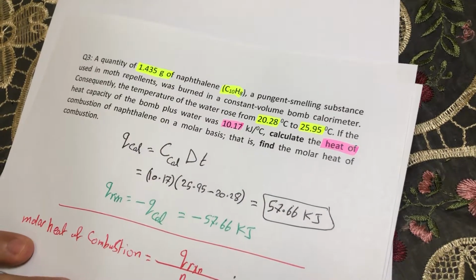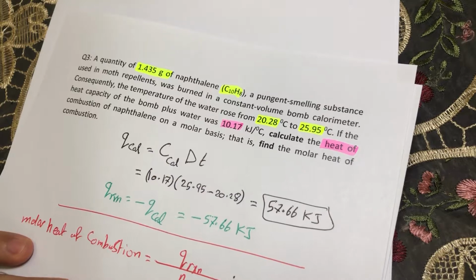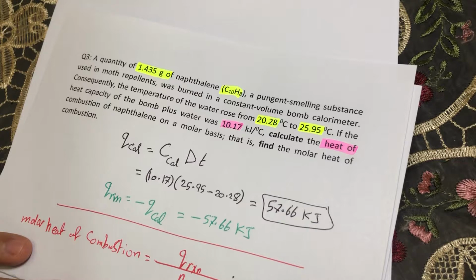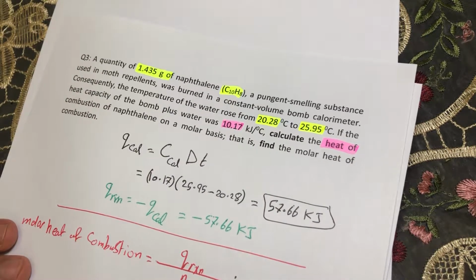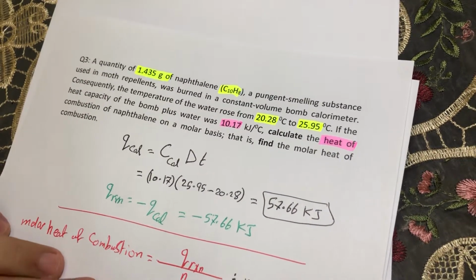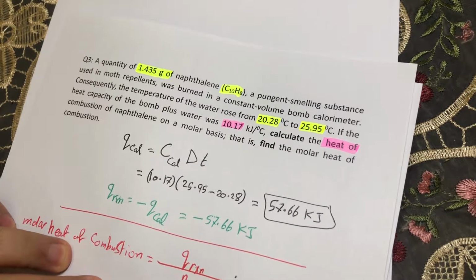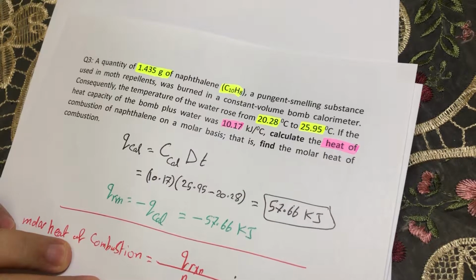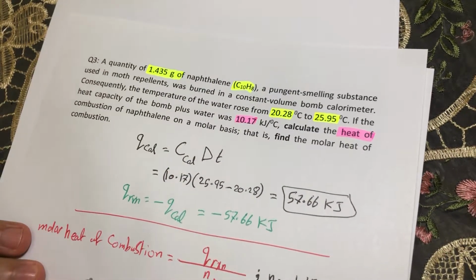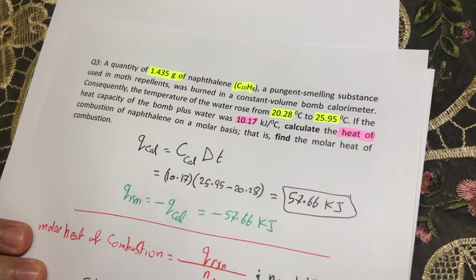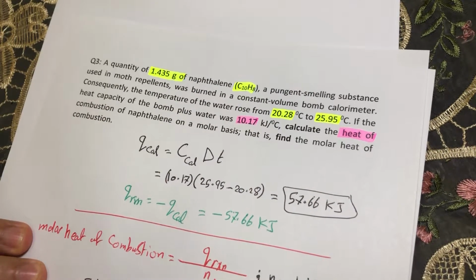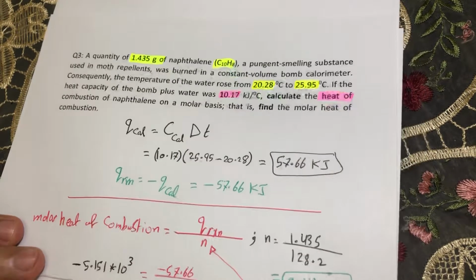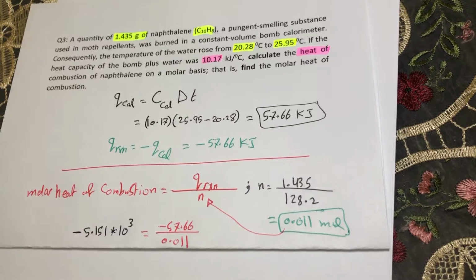The number of moles here is equal to 0.01 mole. We substitute here minus 57.66 over 0.01, and the answer is 5.1 times 10 to the power 3, and don't forget the minus, kilojoule per mole.